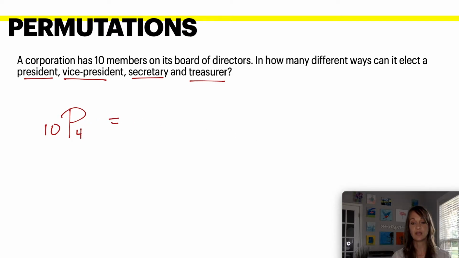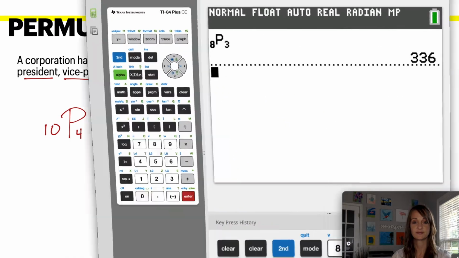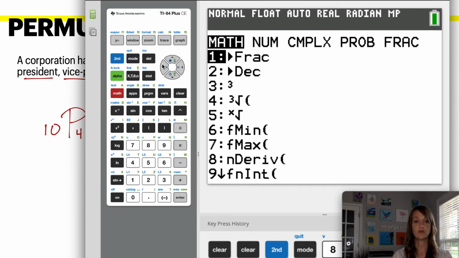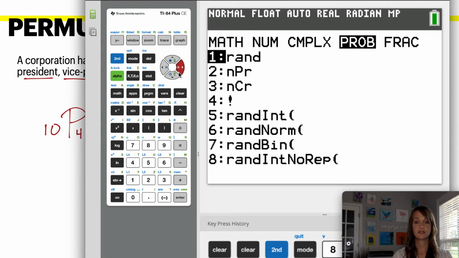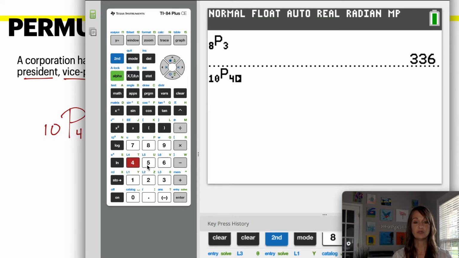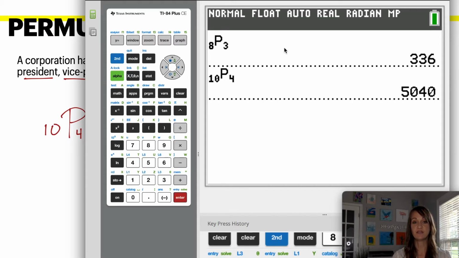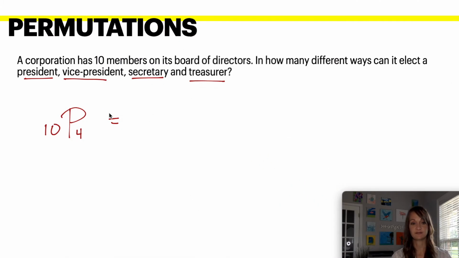If you bring up your calculator, you would click on 10, go over to Math, to Probability, to nPr, and you are choosing 4 specific places, and your answer would be 5,040 different ways that you can choose a president, a vice president, a secretary, and a treasurer.